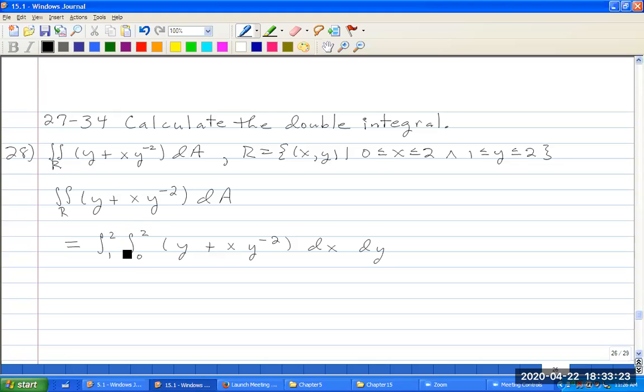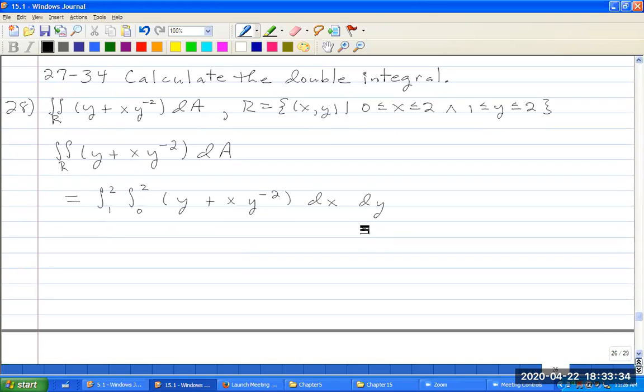So I'll first integrate with respect to x, or with respect to y. In some cases, it could be easier to integrate in one order as compared to the other order. But in this case, I don't think it's really going to make a gigantic difference integrating either way.